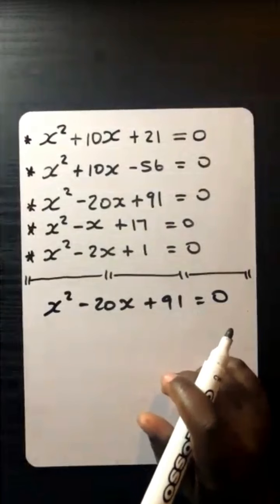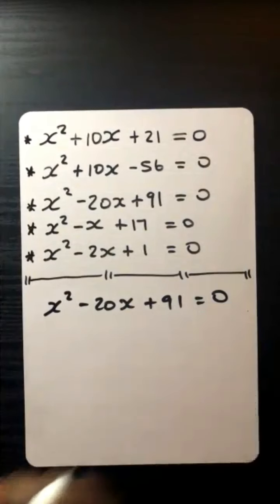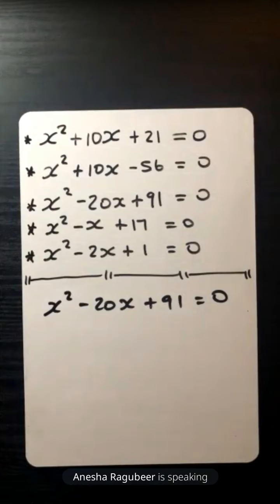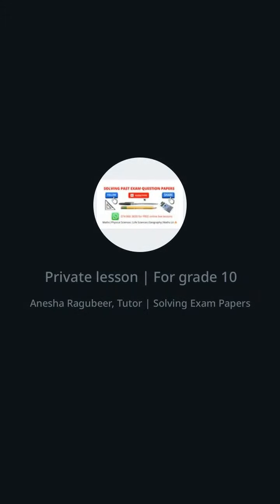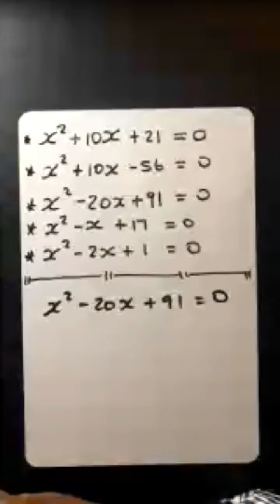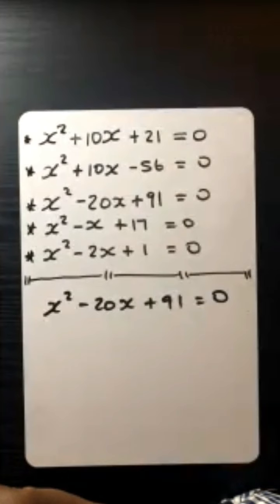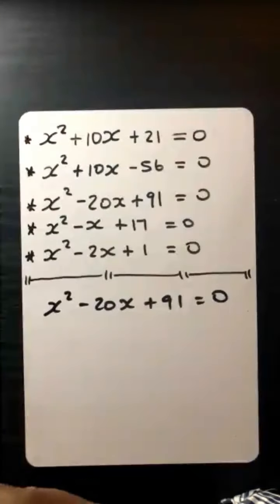Yes, sir. So this is a quadratic equation because of the equal sign and because it's x squared. And it's in a standard equation, and it is a letter squared, a letter and a constant.